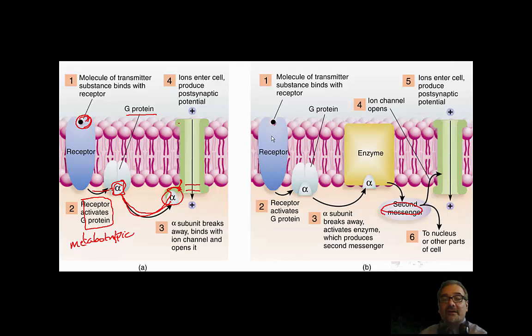They go through the three steps we talked about: the G protein, the alpha subunit. The alpha subunit then connects to something. In this case, we've got the molecule of the neurotransmitter binding to the receptor. The receptor activates the G protein. The alpha subunit cleaves off and activates an enzyme. So this is the new thing. So you've got the role of an enzyme, which then creates what we call a second messenger.